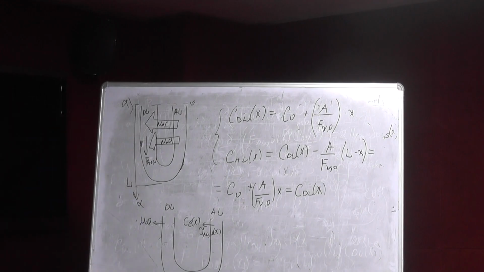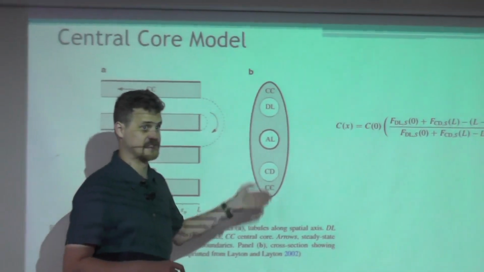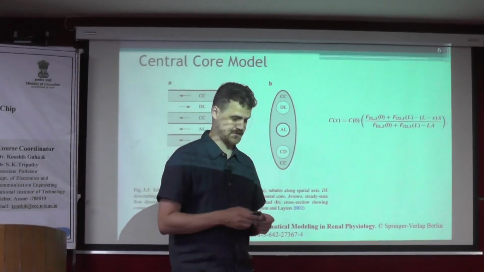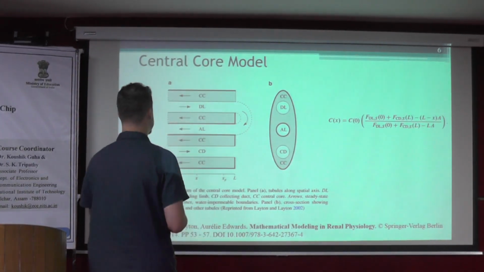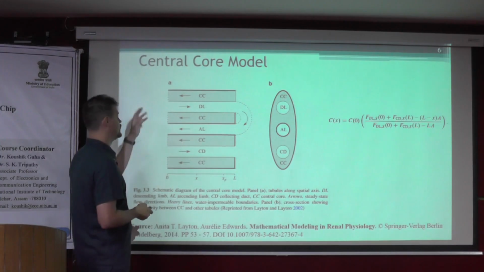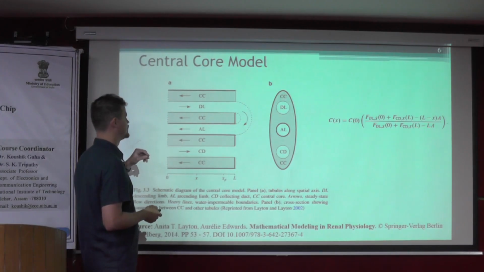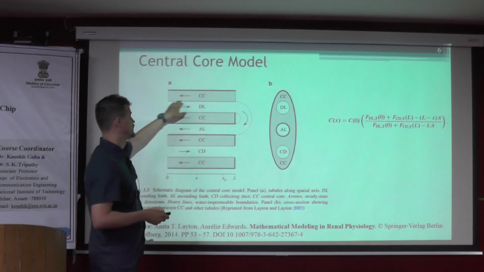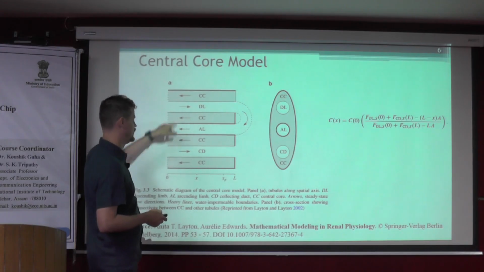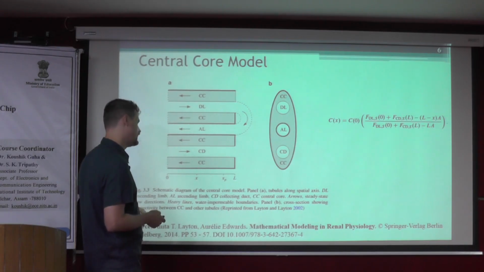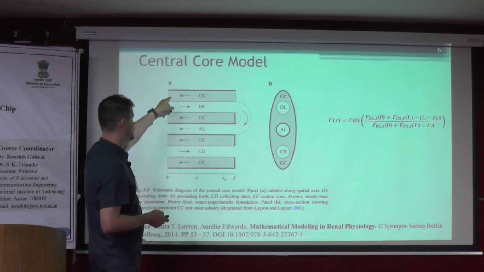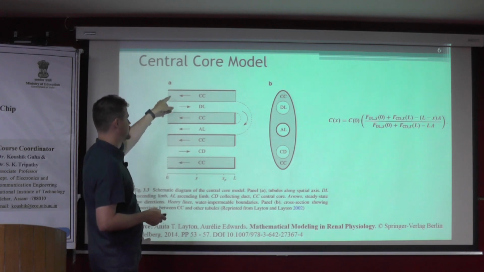And of course, if we go even further, we have to consider that there is a collecting duct that participates in the mass exchange process as well. This is the central model, the core model, and here we assume that there is no extracellular space between the cross section of the descending loop and the cross section.